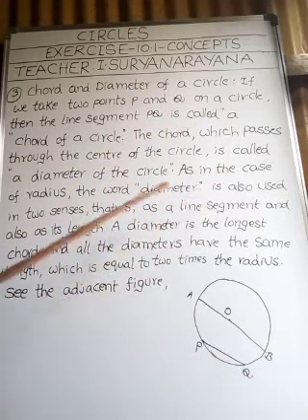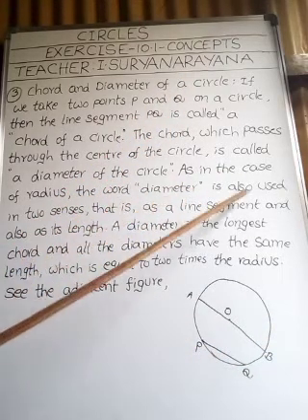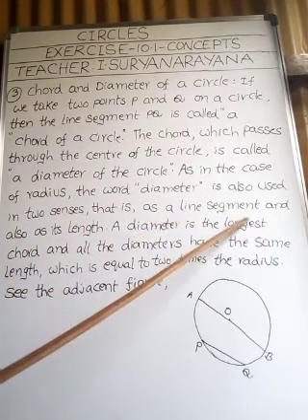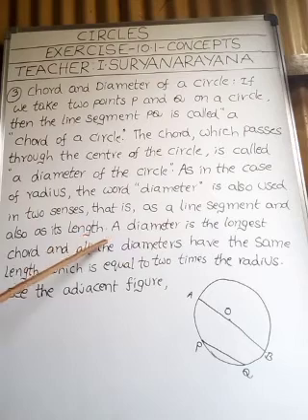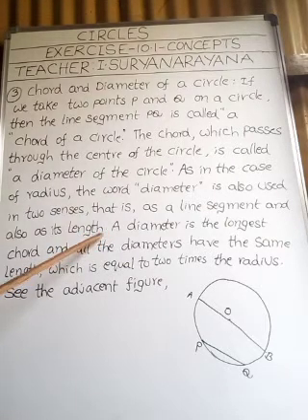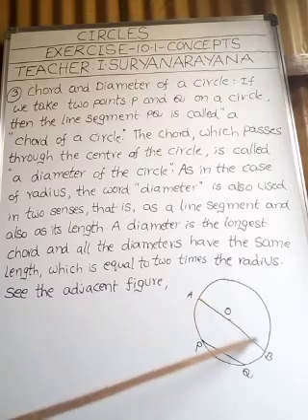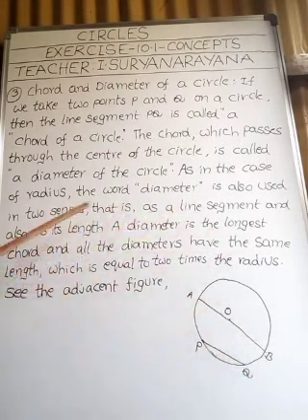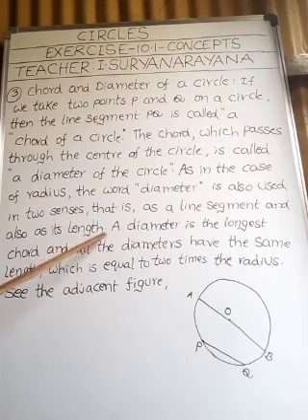Similarly, here the word diameter is also used in 2 senses, that is as a line segment and also its length. Okay, my children, understood this point? Diameter geometrically denotes a line segment, and sometimes its length also denotes diameter of the circle.